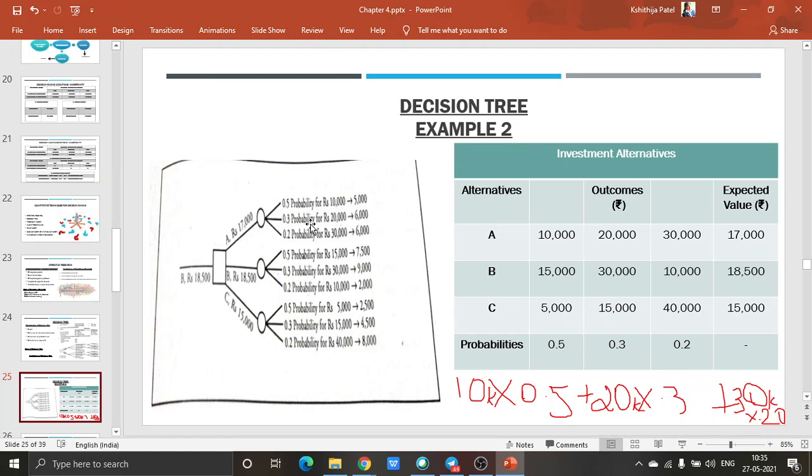The decision tree provides the advantage of clearly telling what really goes on in the decision making process. It is also helpful in the hands of managers who have to make systematic decisions.